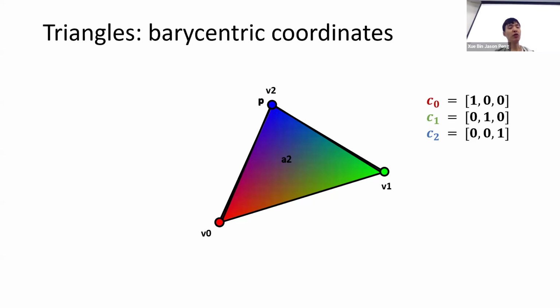So this gives us the intuitive behavior where as a point gets closer and closer to a vertex, the color of that point becomes more and more similar to that vertex. And this gives us the intuitive behavior that the color of a point is determined by which vertex it's closest to.